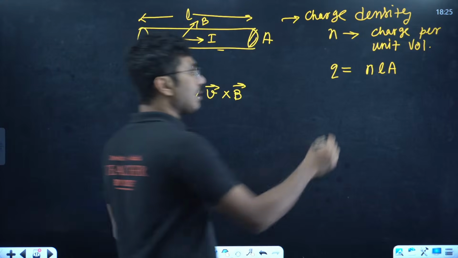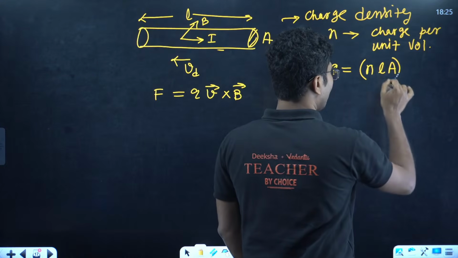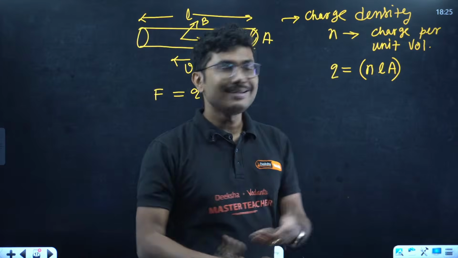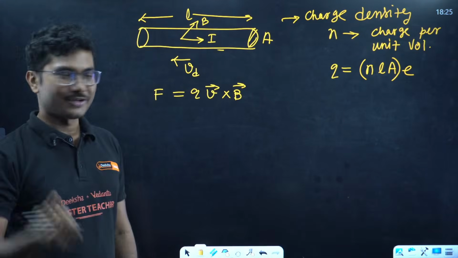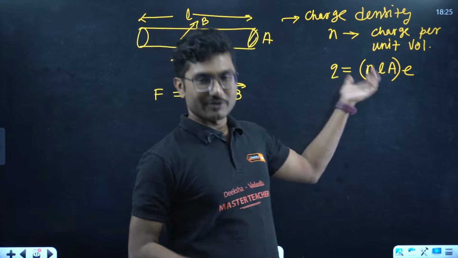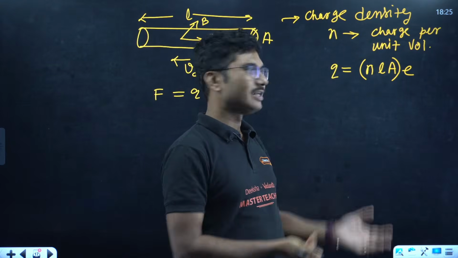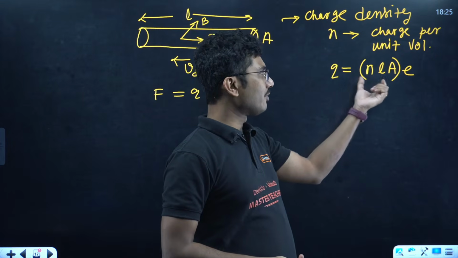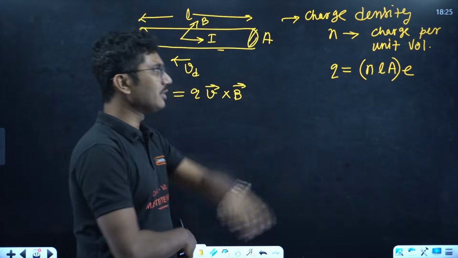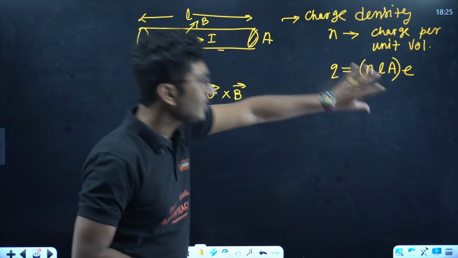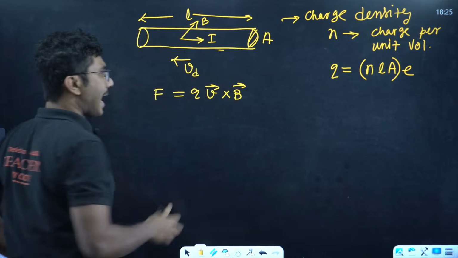Now this is the total number of charge carriers. So what is the charge then? Very simply, multiply with the charge of one electron. Charge in the case of a conductor is basically electrons. So this is the total number of electrons, and when you multiply with the charge of an electron, you get the total charge. Now we have to use it back over here.